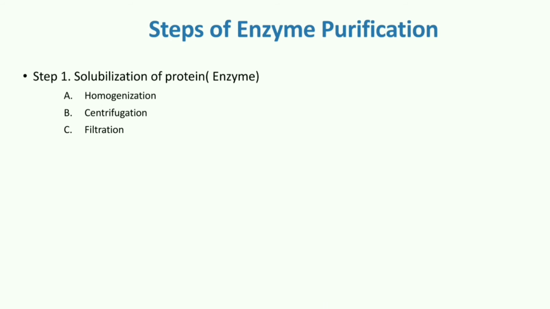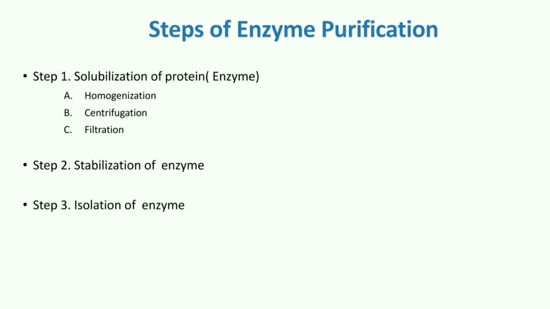So when we talk about steps of enzyme purification, the first step is solubilization of the enzyme. One can either use a homogenizer, a centrifuge, or filtration technique to obtain a filtrate. After obtaining the crude enzyme, the enzymes in the mixture need to be stabilized. After stabilization, we need to isolate these enzymes from the mixture and store them under appropriate conditions.